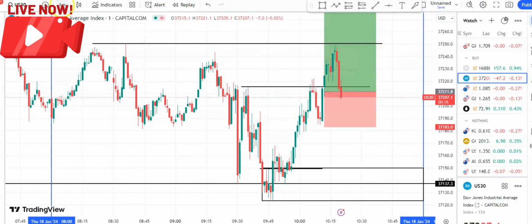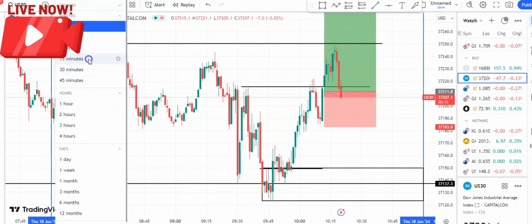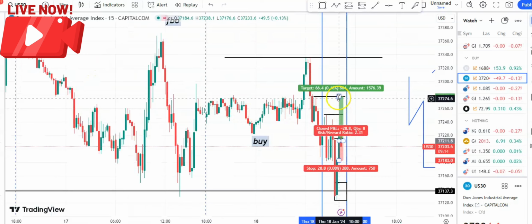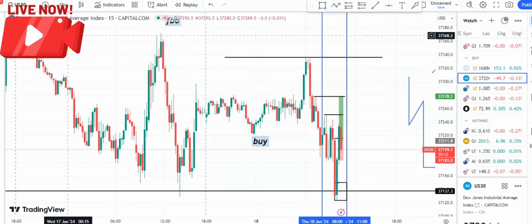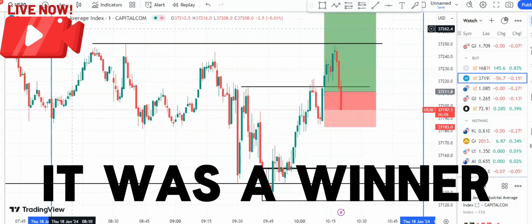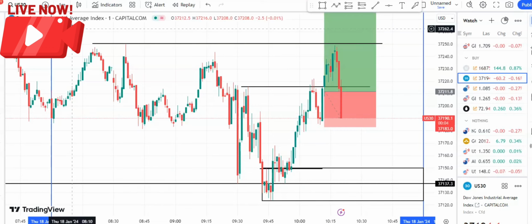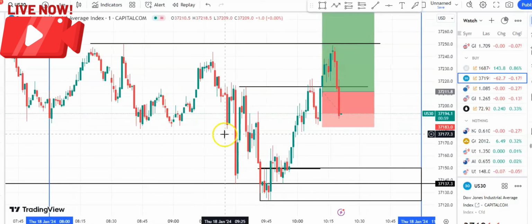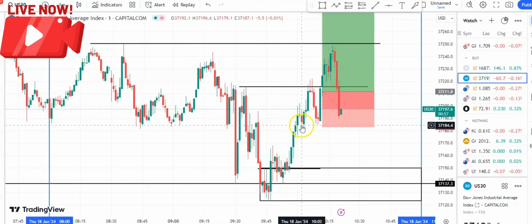But in our case, with this setup, usually it goes back to the high of the day, and in our case looks like it's not going to hit the high of the day. But point being, if you know what you're looking for in the market, then it is far easier to come to the screen and actually trade.